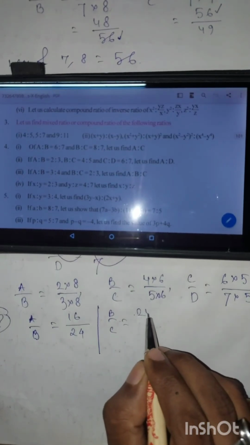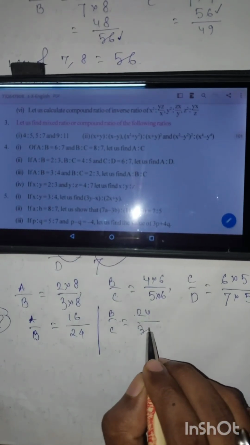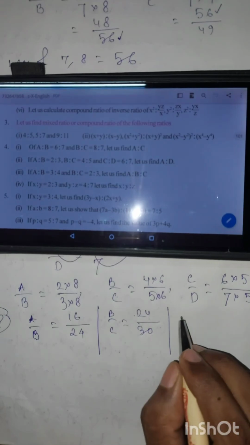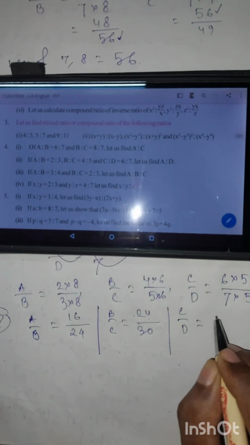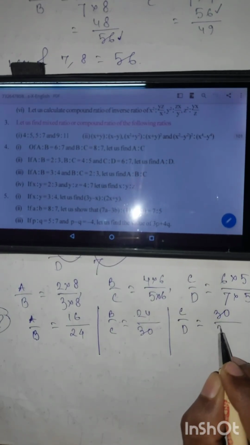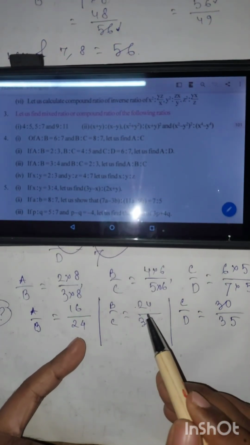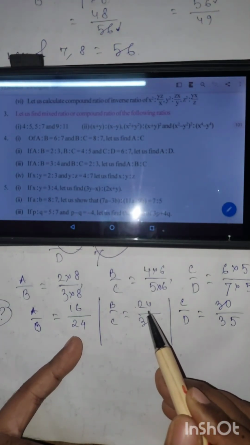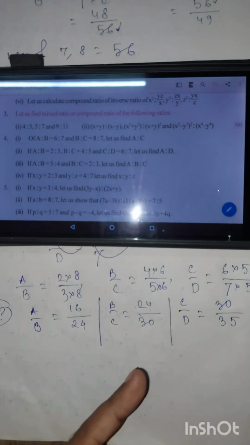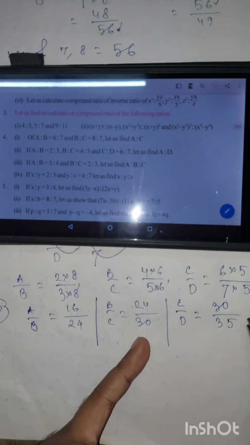This ratio becomes 24 by 30 and this ratio becomes 30 by 35. Now we can see that B is equal in both of these ratios and C is equal in the second and third ratio.